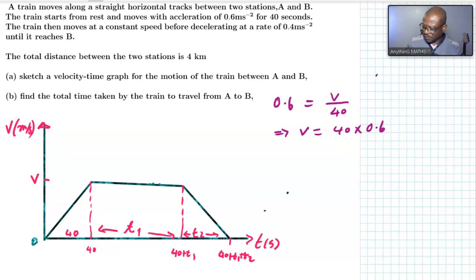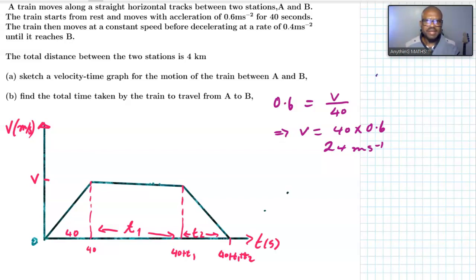And what would that give us when you use your calculator? It's 24. So now we know that V is 24 meters per second.